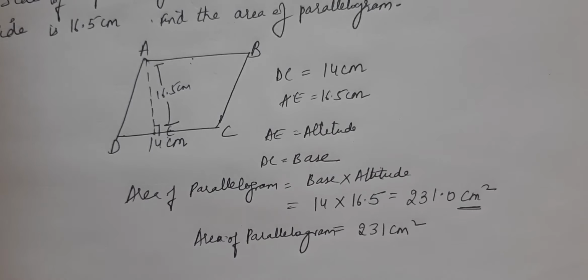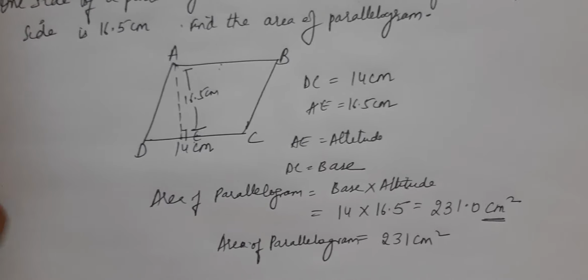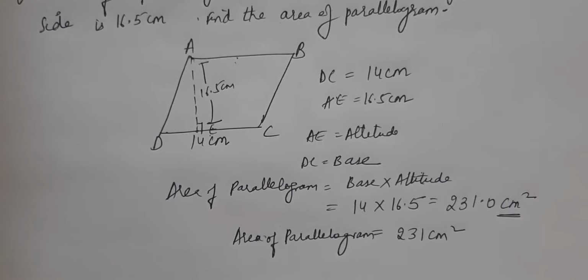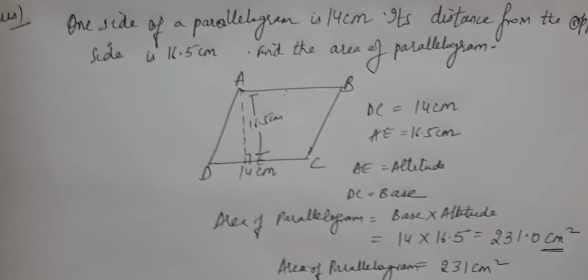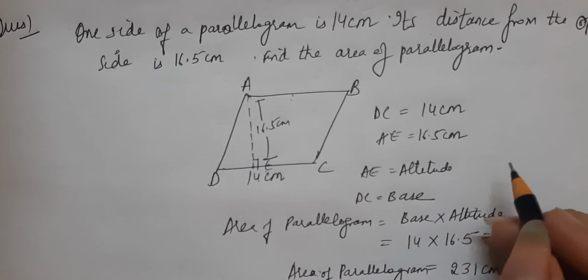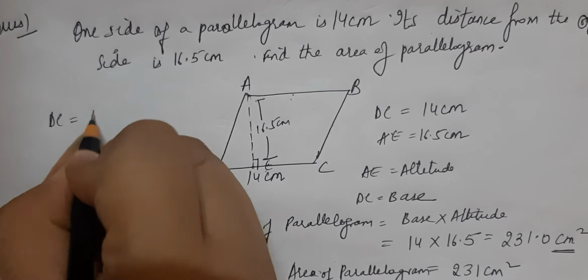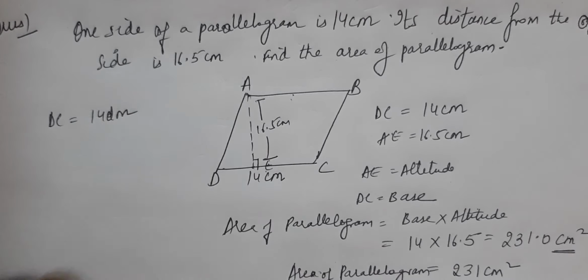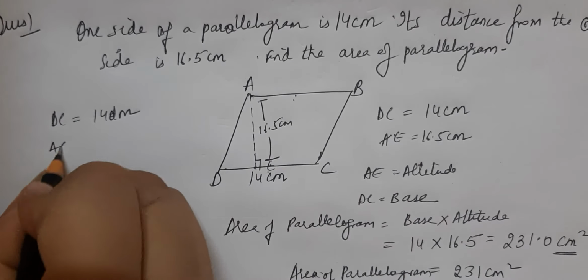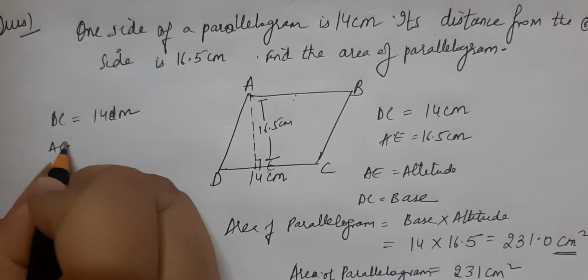Now I am taking the same thing here. Let's suppose the same question is this, but now the values are not in centimeter. It's given that DC is 14 decimeter and AE is 16.5 decimeter.